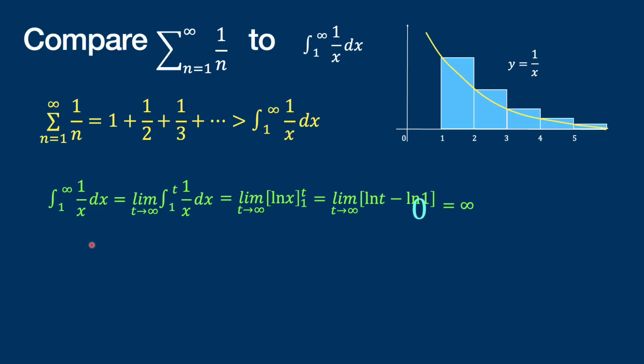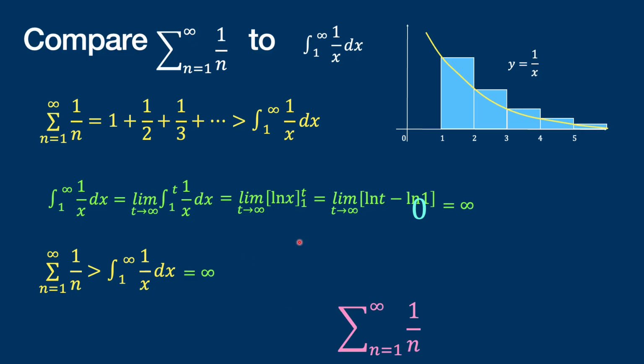So this improper integral goes to infinity, divergence. So we compare the series and the improper integral. The value of the improper integral is infinity, which means it is divergent. The sum of the series is also greater than infinity, which means it cannot converge. It's going to diverge.